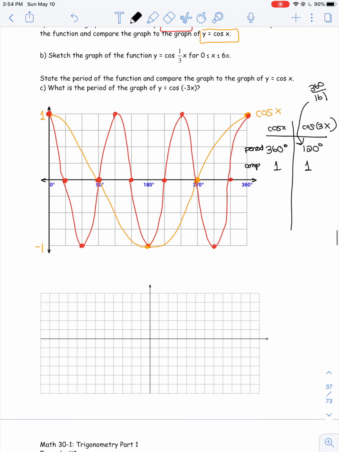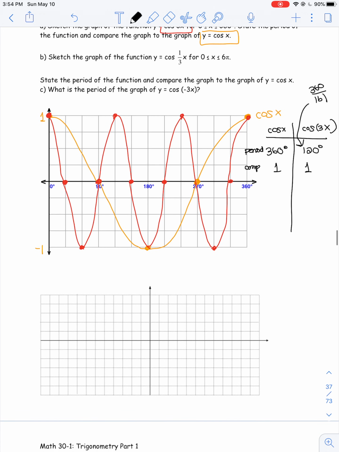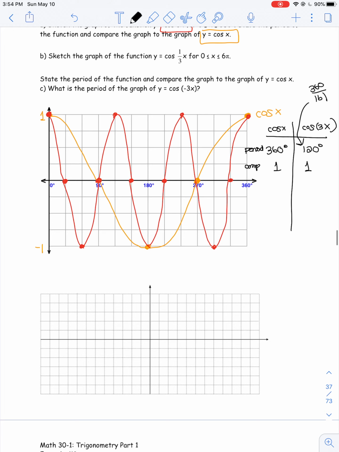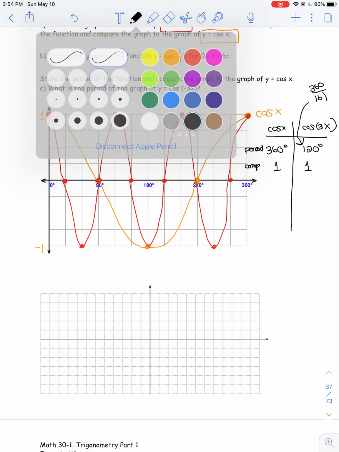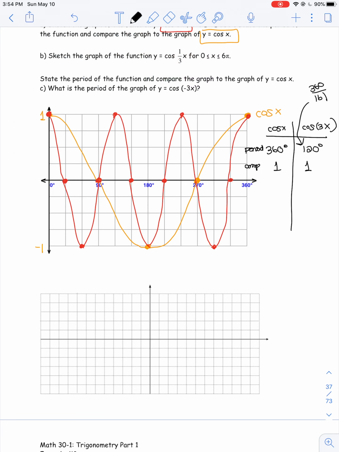Now they want us to sketch what cos of 1/3 of x looks like. And we want to use the domain from 0 to 6 pi now instead. So we want to go from 0 to 6 pi.